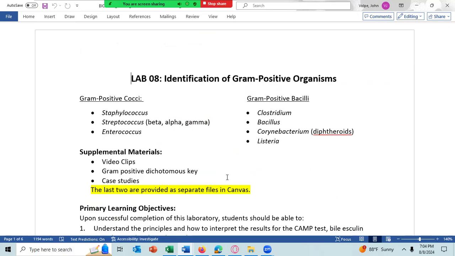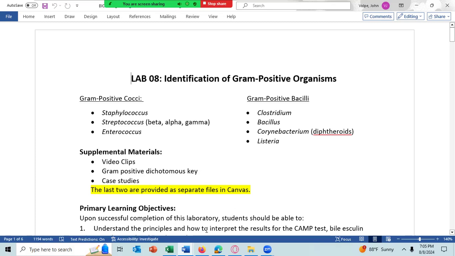We're going to be looking at gram-positive cocci, specifically Staphylococcus, Streptococcus, and Enterococcus species, as well as gram-positive bacilli, Clostridium, Bacillus, Corynebacterium, and Listeria. There are some video clips in today's lab. There's a gram-positive dichotomous key and case studies. The last two are provided as separate links in your file in Canvas.